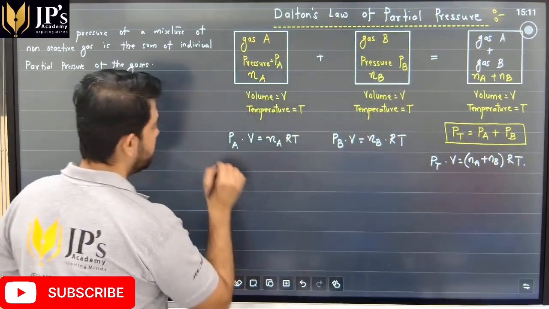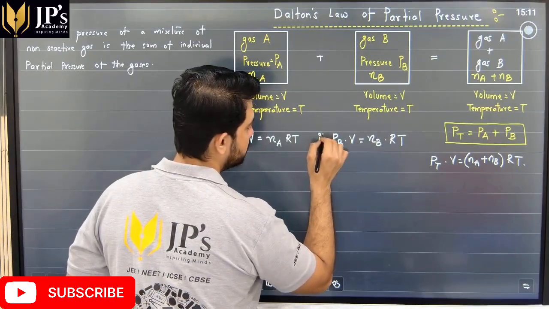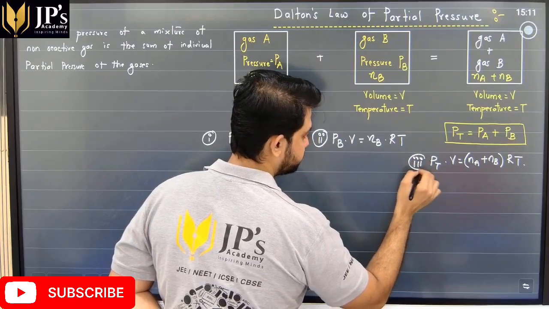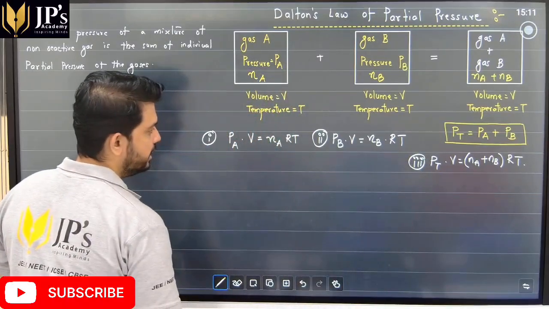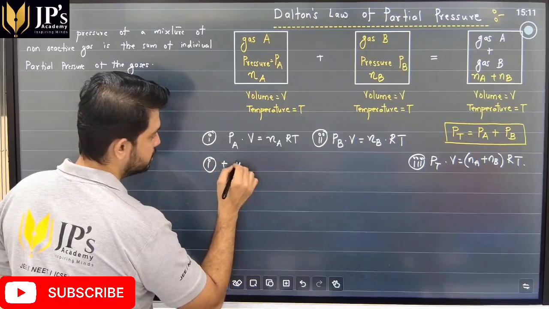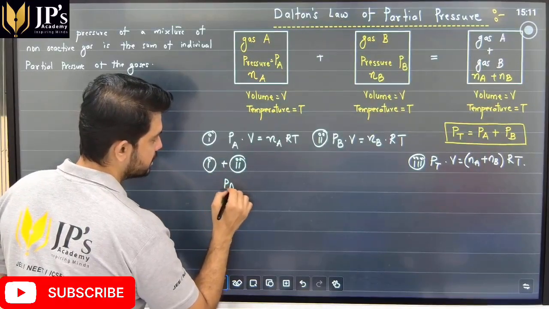Now students, I mark this as equation number 1, this as equation number 2 and this as equation number 3.